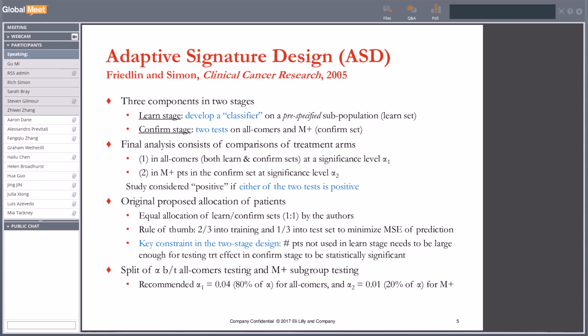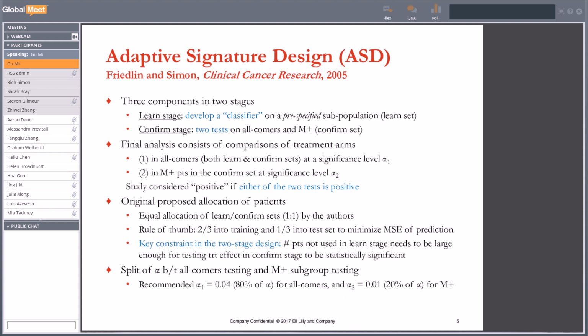The final analysis involves 2 tests, one on the all-comers at significance level alpha-1 and the other on the marker-positive patients in the confirmed stage at significance level alpha-2, where we normally set alpha-1 plus alpha-2 at 0.05, the overall significance level. So the study is positive if either of the tests is positive.